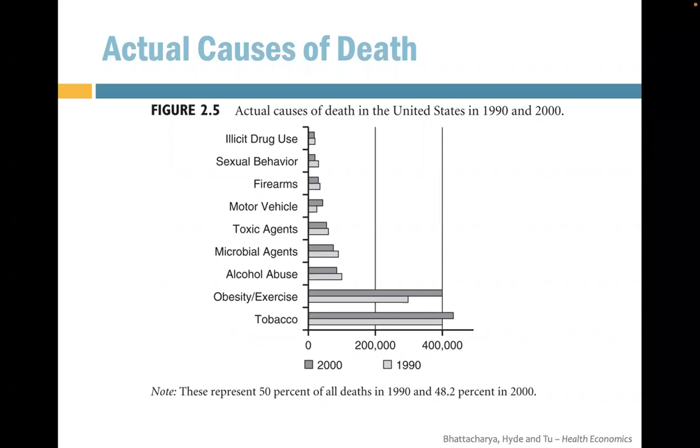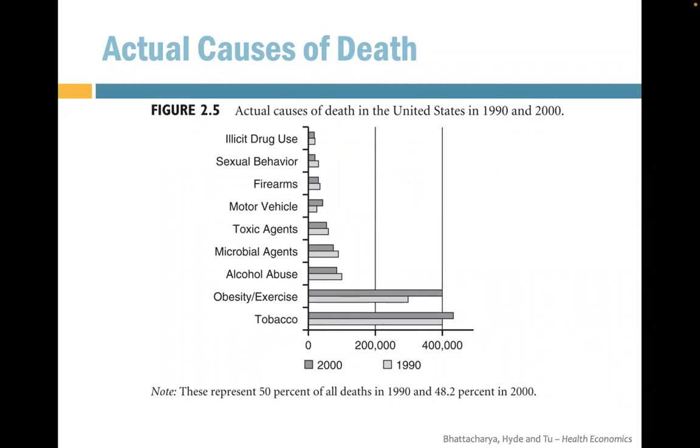Both are fine. So in 1990 to 2000, the so-called actual causes of death, the top two are tobacco, and obesity and non-exercise. I believe here is non-exercise, or inexercise. So these two are the top two, and it's much higher than all the others.